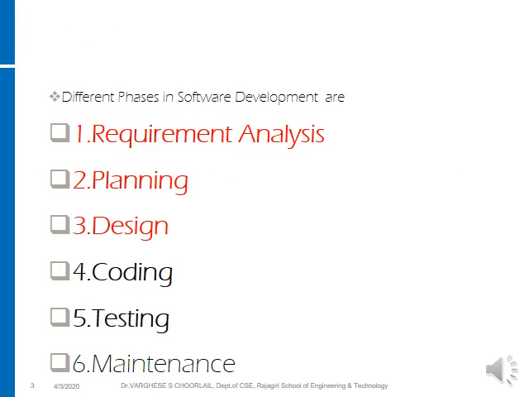Different phases in software development are requirement analysis, planning, design, coding, testing, and maintenance. Out of these main phases, we covered requirement analysis, planning, and design in module 1, 2, and 3 respectively. And in this present module, we are going to deal with coding and testing.